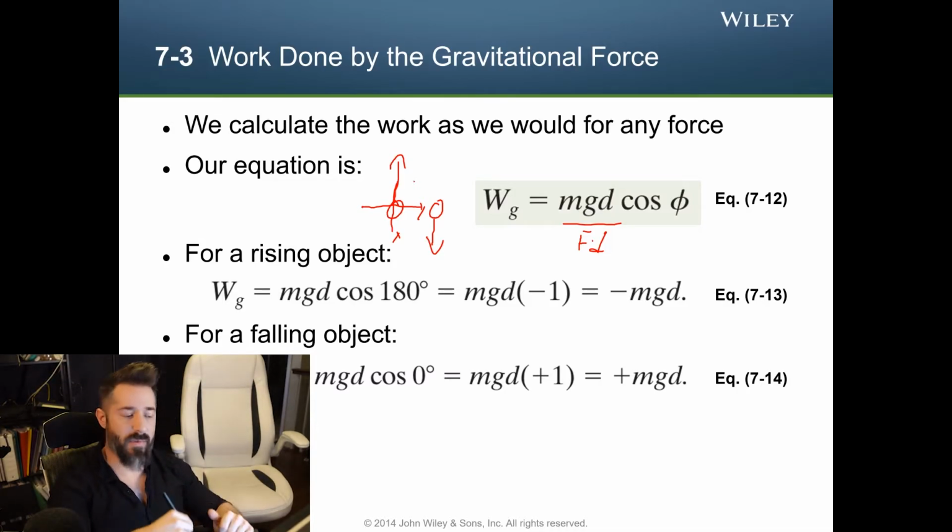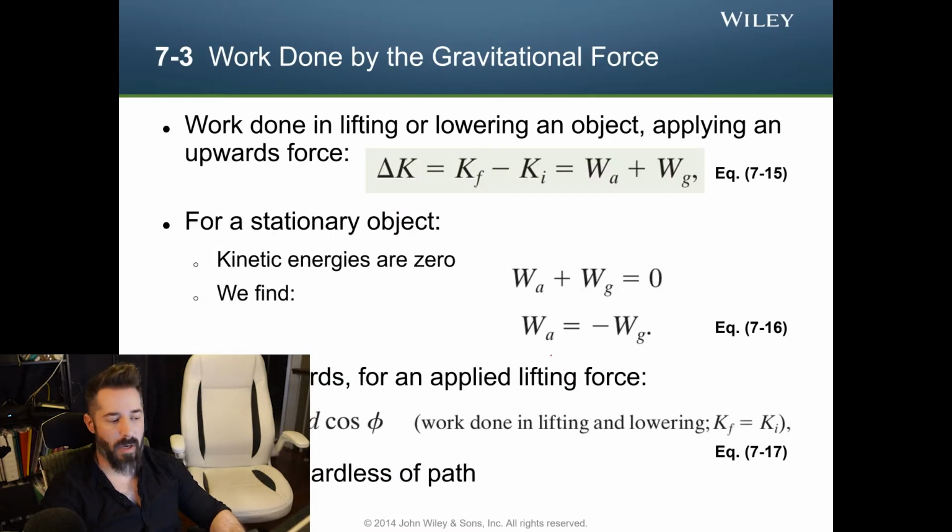So it's still going from 0 to 180 because that's the direction that the action's happening in, and that's the direction we want to deal in, right? So we're adding up the components that are in the direction that we're dealing with. So basically, it's just saying that the cosine turns it into negative, or cosine turns it into positive. That's all. Work done in lifting or lowering an object, applying an upwards force.